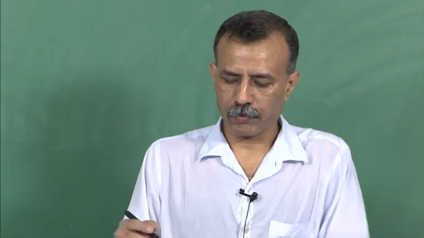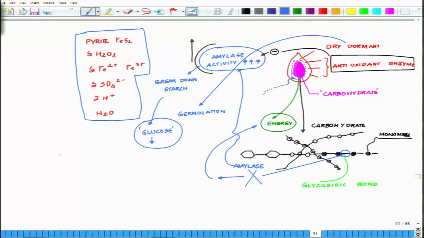Okay? So, say for example, you have A and you have B. Our test is starch breaking speed. If I represent the starch breaking speed of A by SA, and SB is the starch breaking speed of B, if SB is more than SA, then B will germinate faster and more successfully.